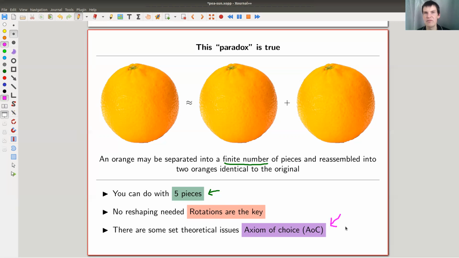So there's some philosophical questions around this axiom, which is called the axiom of choice. We go there later. So the problem is that those 5 or 6 or 7 or 8 pieces, whatever, this finite number of pieces, they are not pieces in the sense of, well, little pieces like whatever you can cut out of an orange. We will see.